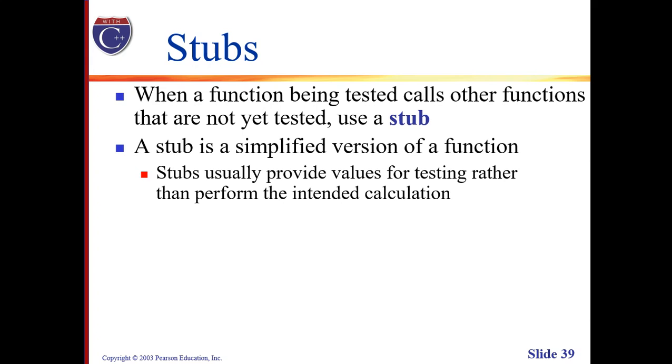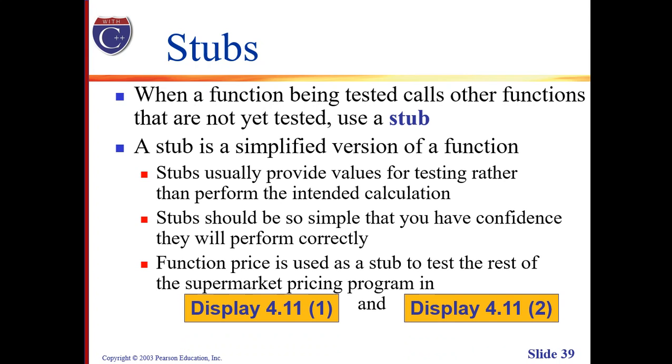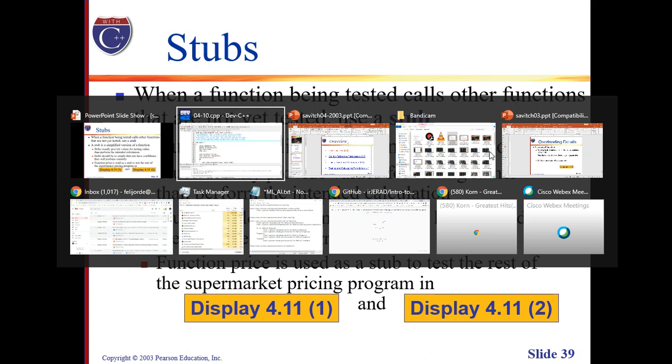They usually provide values for testing rather than performing the actual calculation. They should be so simple that you have confidence that they will perform correctly. So you can simply put a constant value for that. Here's an example of how we can use a stub to test our program.